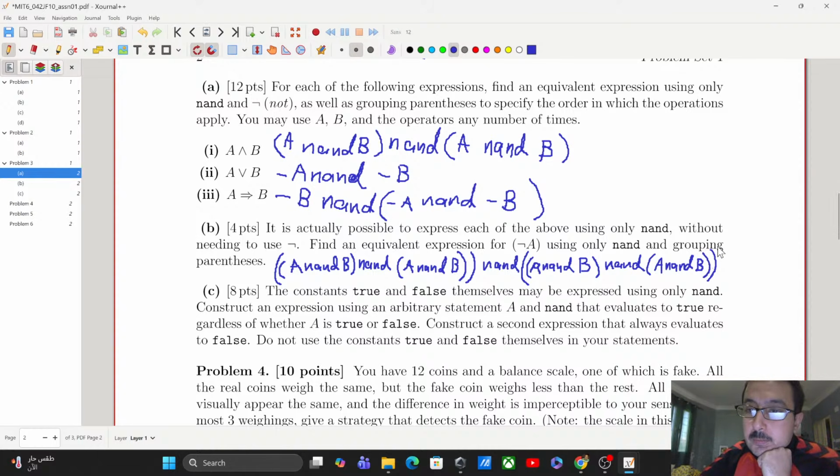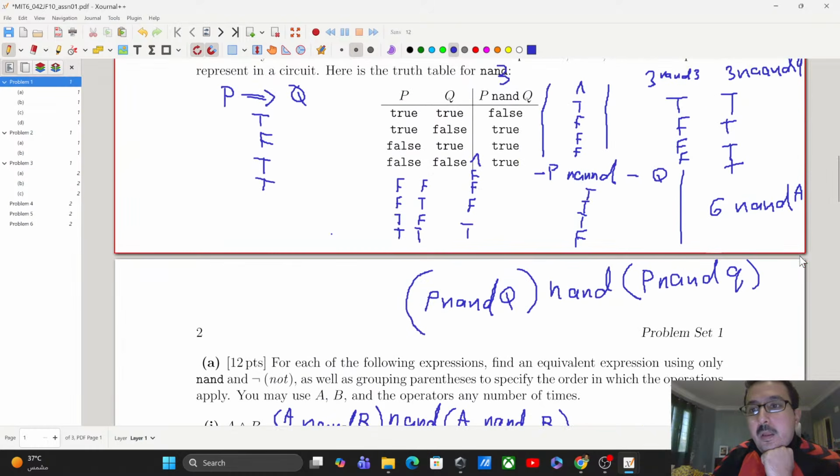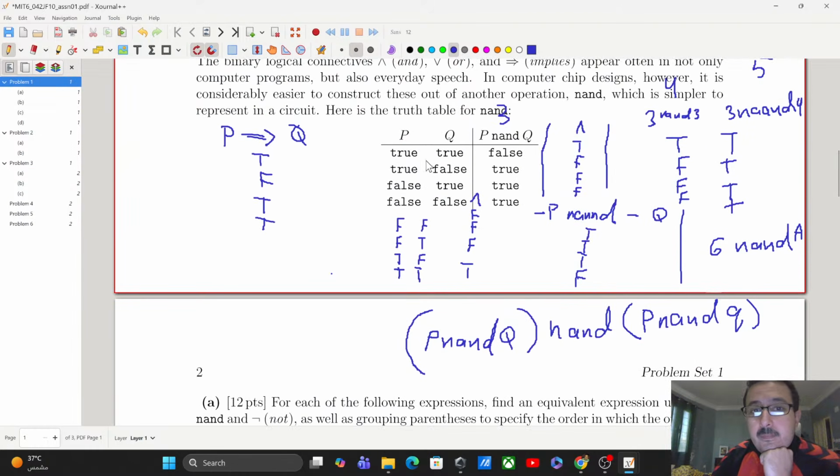This is all NAND, A. Am I correct? 6, which is P.